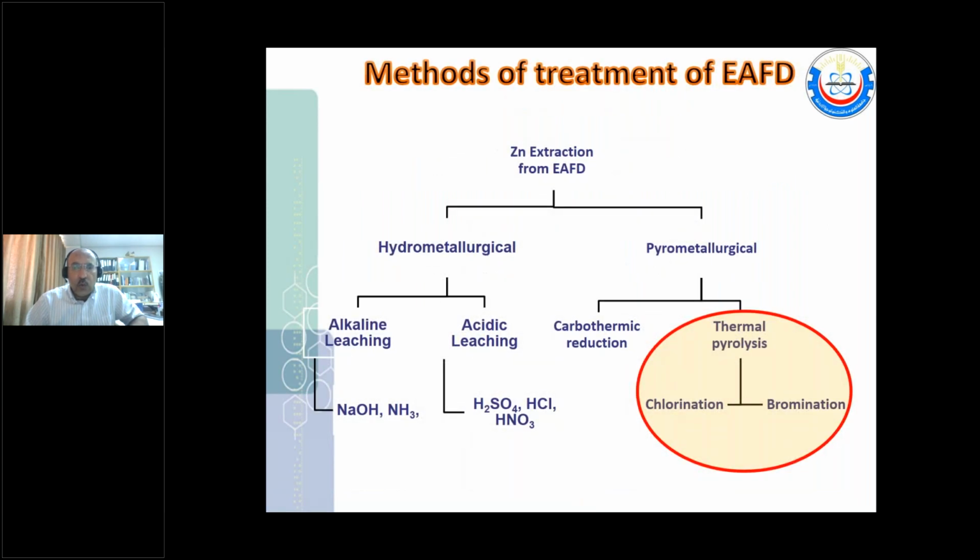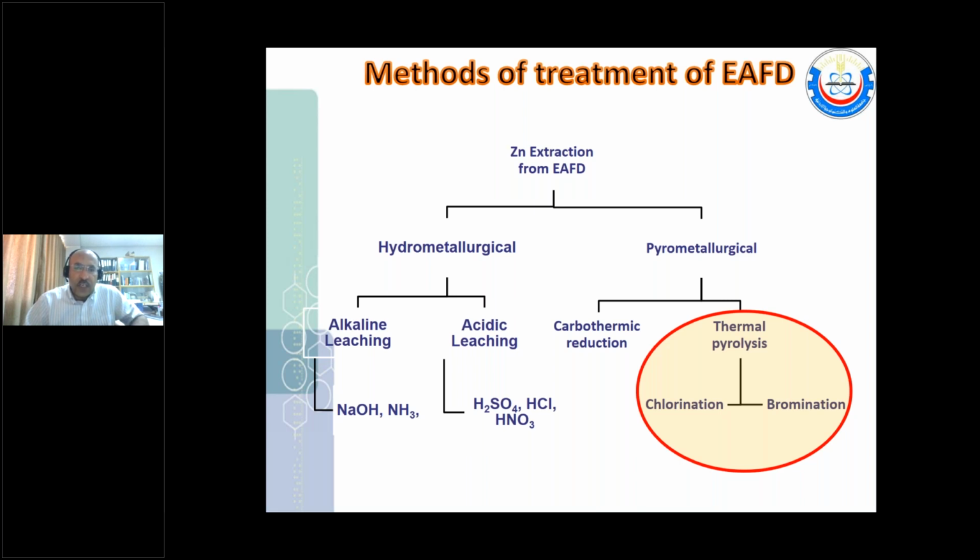So what do they normally do with this dust for the extraction of zinc because of its high content? Either they go hydrometallurgically or pyrometallurgically. Hydrometallurgical may be alkaline or acidic leaching. Alkaline leaching suffers from slow kinetics, while acidic leaching suffers from poor selectivity during the leaching of zinc and lead.